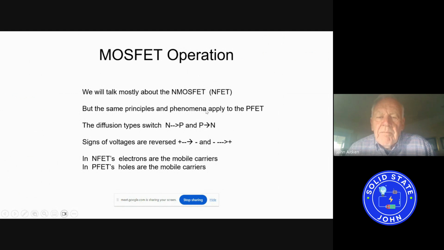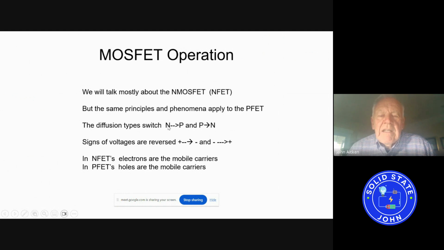The only difference about it, and we won't cover it in great detail here, I'll figure out some way as we go along to bring that in and make you more familiar with it, is to remember that whatever I'm talking about in the nMOSFET also applies to the pFET. The only difference is that the diffusion types of the devices switch.